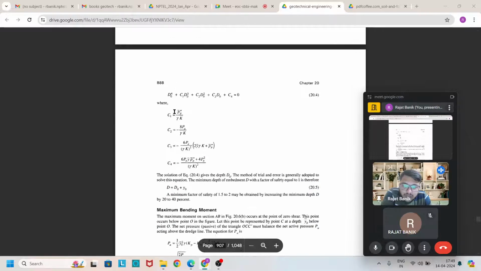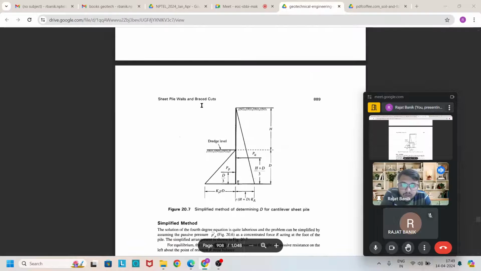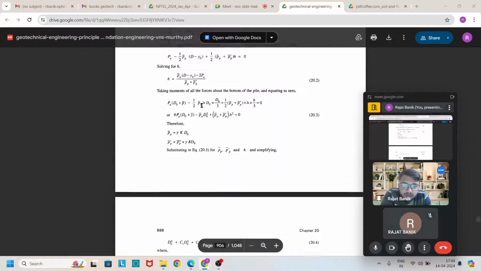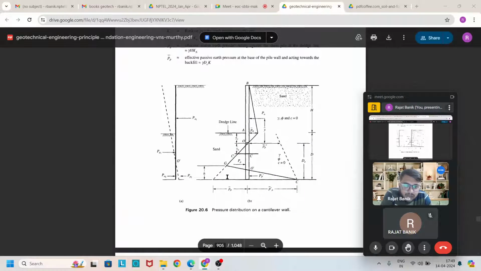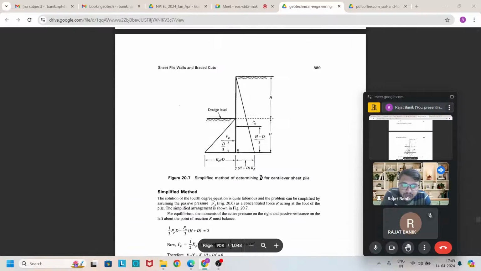So at last we find the depth of embedment equation, which is fourth order and very difficult to solve. We also have to find the maximum bending moment. Because this pressure diagram is very critical and complex, we simplify it.